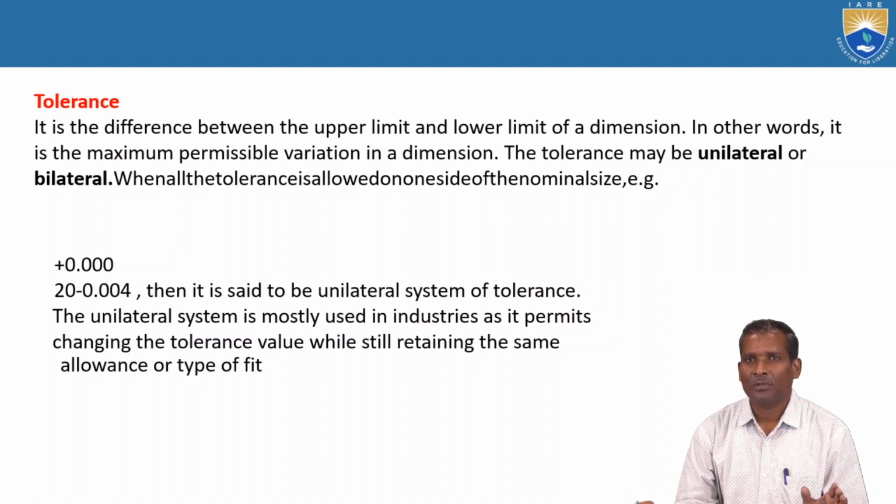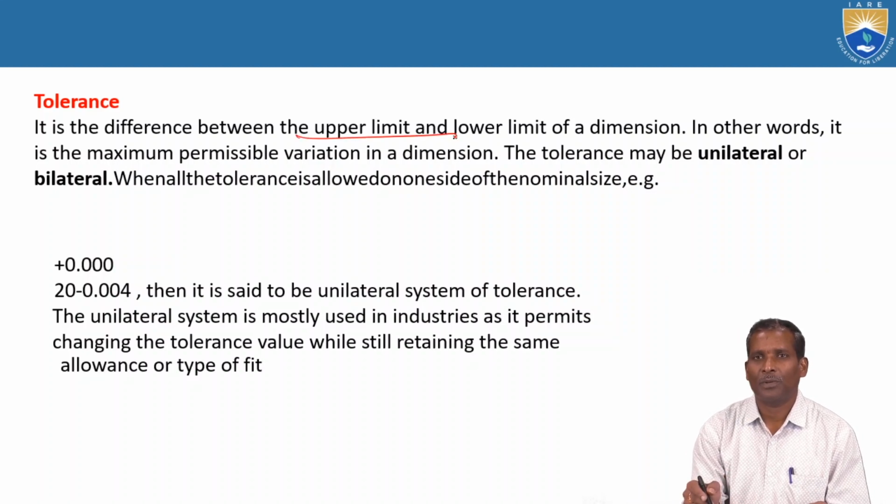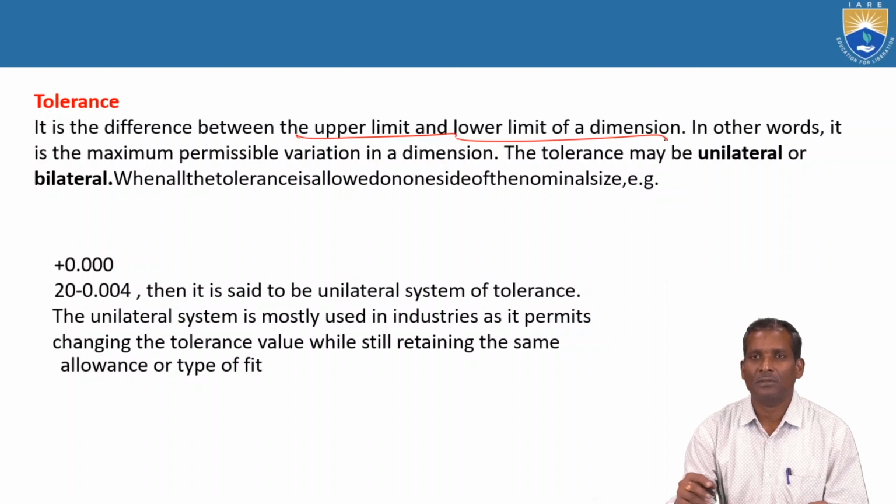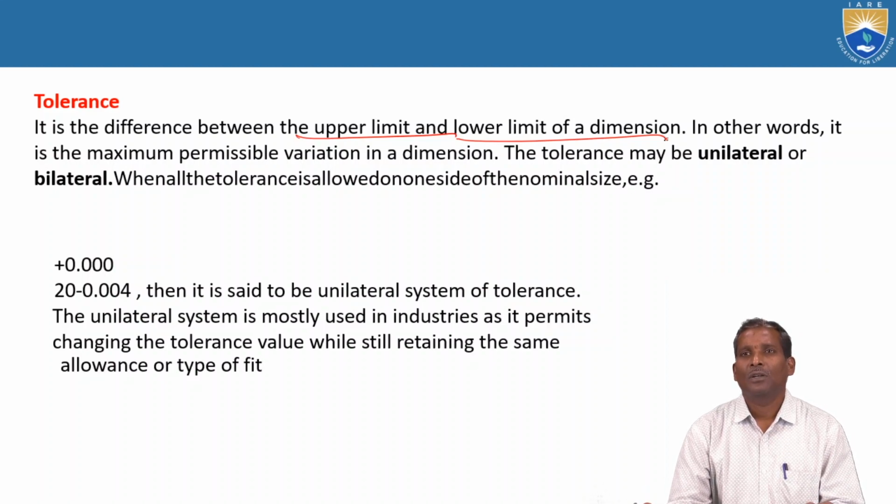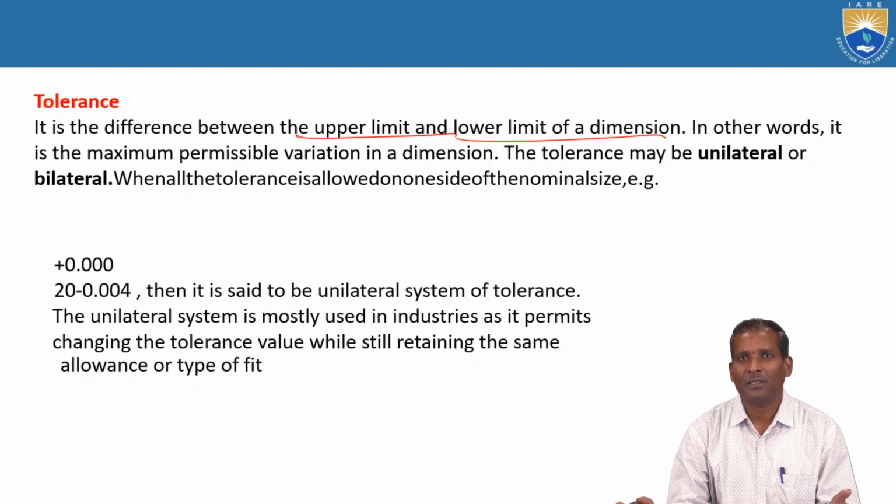Give some tolerance value to the shaft and some tolerance value to the hole, based on the upper size of the shaft and the lower size of the shaft. Suppose the upper limit is 0.00 and the lower limit is 0.004. The difference between these two is called tolerance. In other words, it is the permissible variation in dimension.